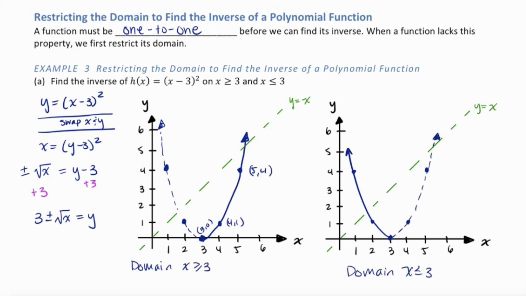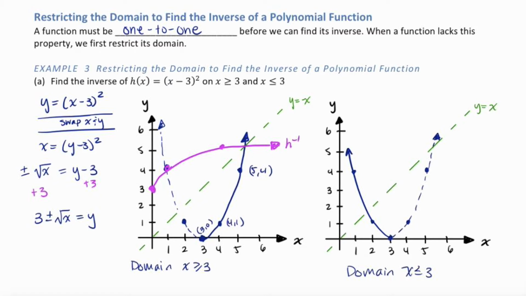Let's go ahead and reflect all of these points that we found. So this here, first of all, becomes 0, 3. This one here becomes 1, 4. That's this point becomes 1, 4. This point here becomes 4, 5. And that would make our inverse function look like this.